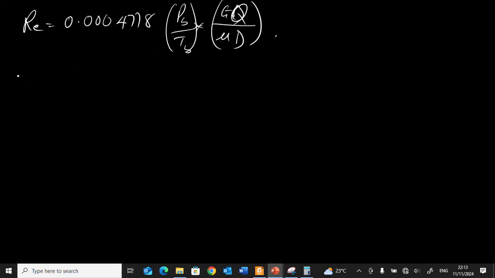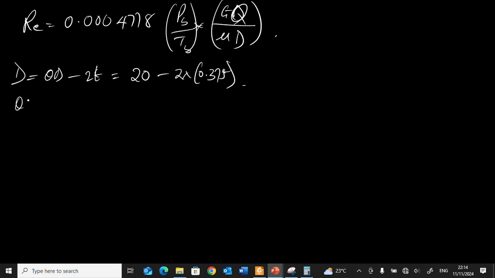Now the internal diameter is equal to the outer diameter minus 2 times T, the wall thickness. But before we use these values, let's write down the information.